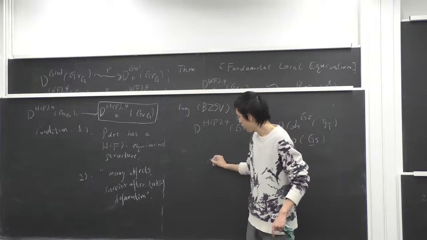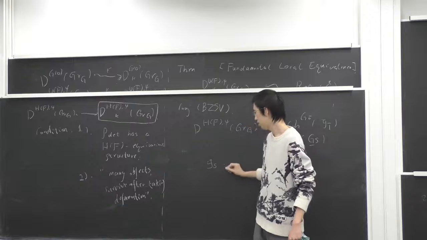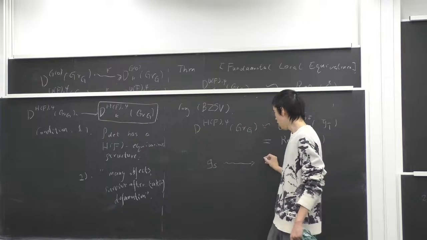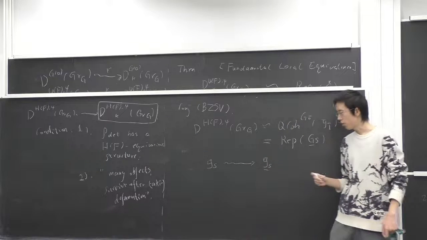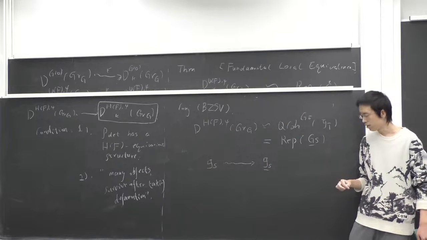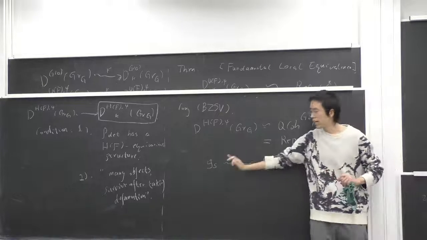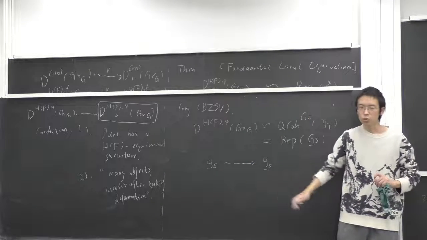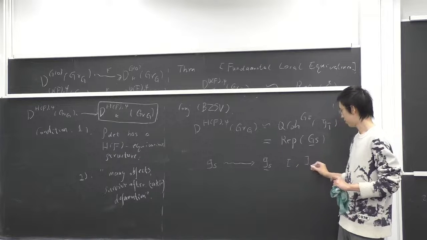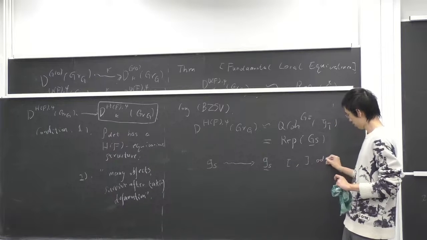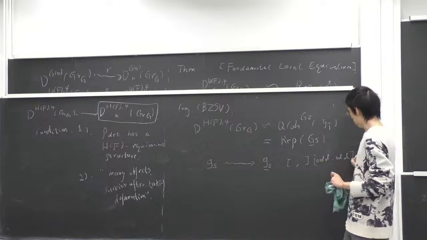Given any supergroup, super Lie algebra G_S, we can always define its degenerate version denoted by G_S underline, which has the same underlying super vector space as G_S, but the supercommutator of two odd elements is set to be 0.